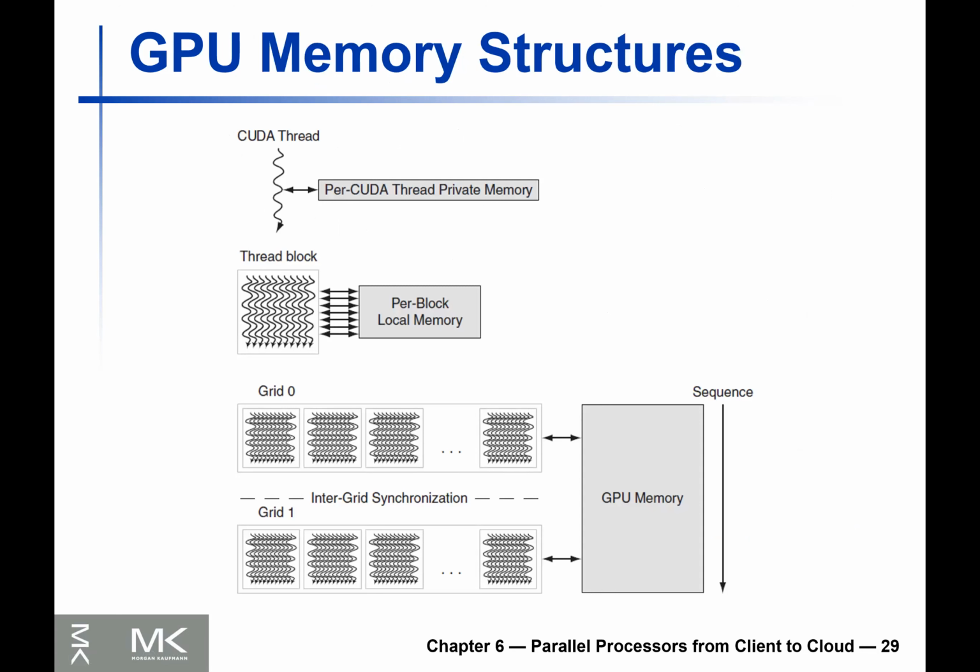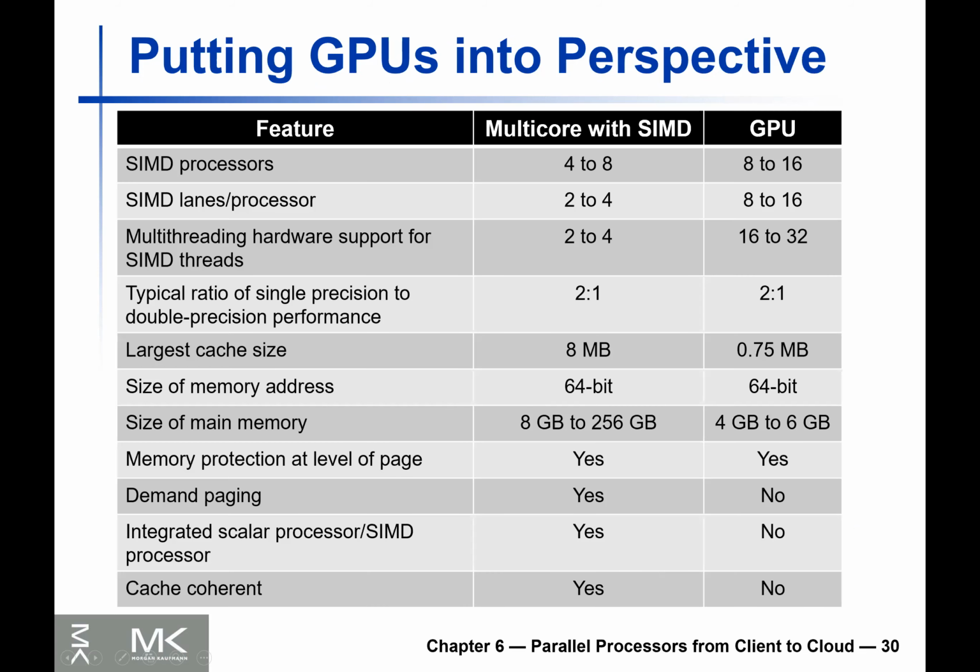Also from the textbook: the GPU, inter-grid synchronization between the tasks, thread block, take the block here, local in the memory, then use the GPU for all this. Some features: multi-core with SIMD 4 to 8, GPU 8 to 16. This is putting GPU into perspective. Some examples.